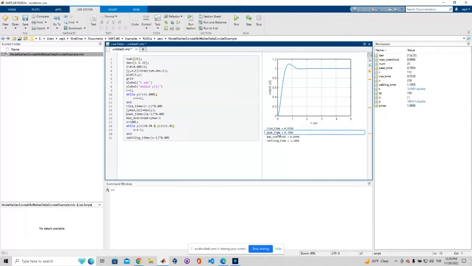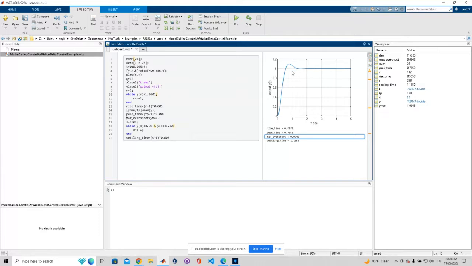And our peak time is the time it takes for our system to get a peak value. It's 0.70. See, our peak value is at the 0.78 time. And maximum overshoot is when the system response overshoots our steady state, right?